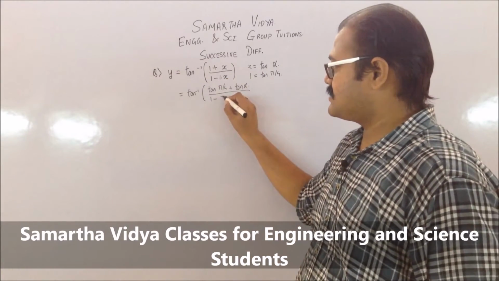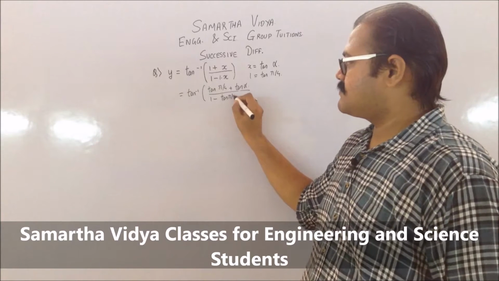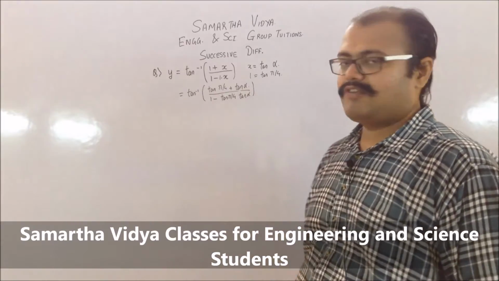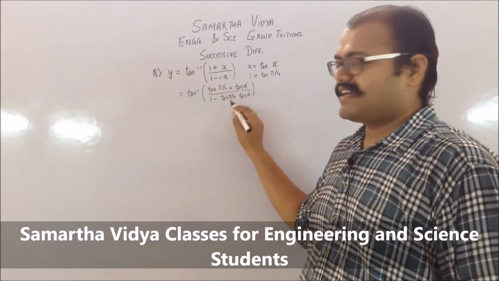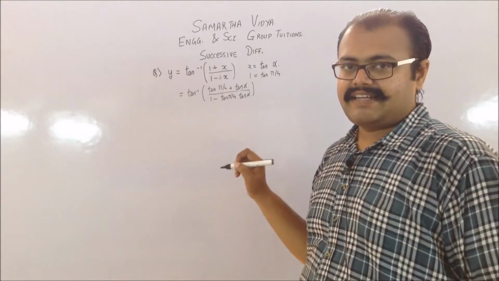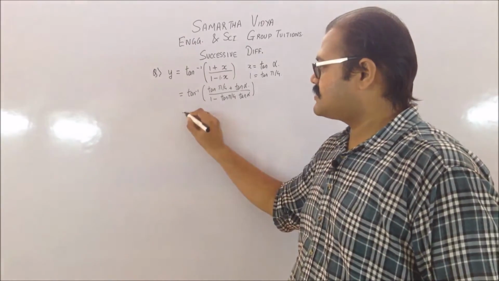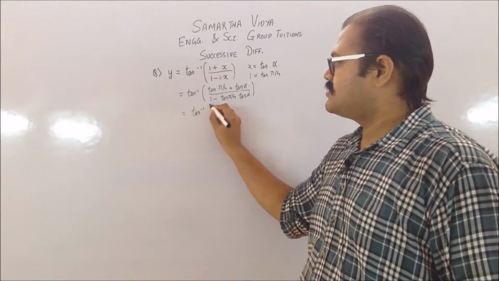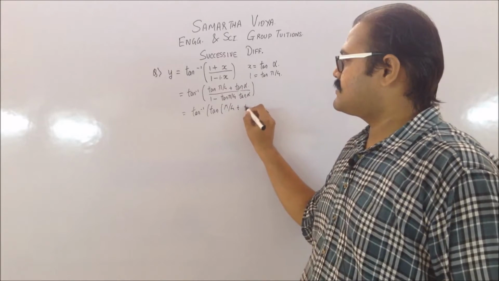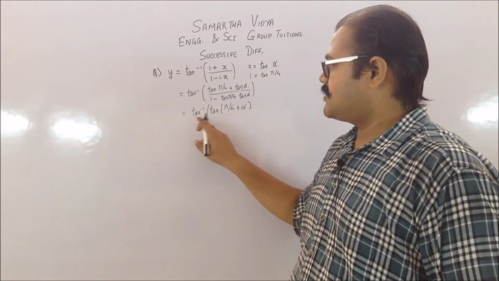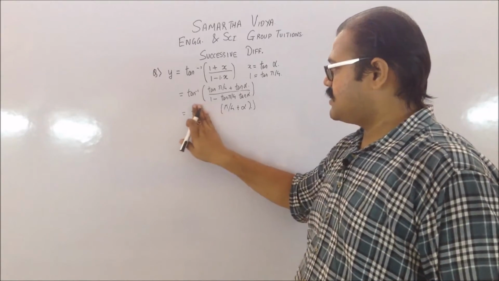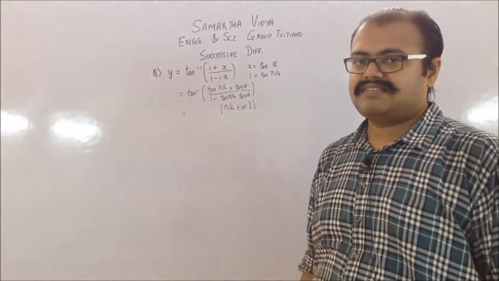So you will be writing this 1 as tan pi by 4, because what you will be getting is a formula which is tan A plus tan B upon 1 minus tan A tan B, which is nothing but the formula for tan of A plus B. So this comes down to tan of pi by 4 plus alpha. What you can see is that tan inverse and tan nullify each other, so that goes, and you are left with pi by 4 plus alpha.